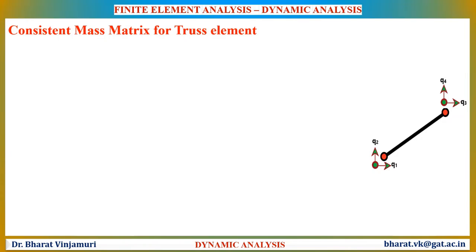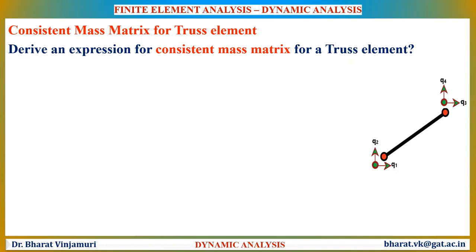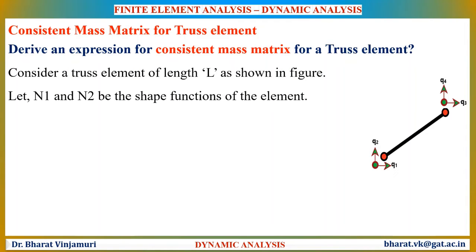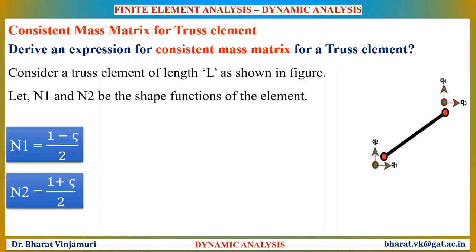Let us now derive the consistent mass matrix for a truss element. The truss element is similar to the bar element except that one of the members will be inclined. Thus, the shape functions of the truss element will also be the same as the bar element, given by the following equations: N1 is equal to 1 minus zeta by 2 and N2 is 1 plus zeta by 2.